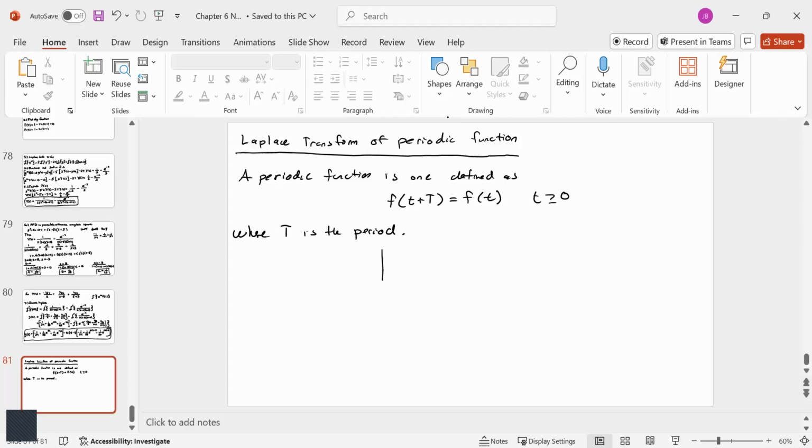So an example of that would be something like a box function. So it does this.